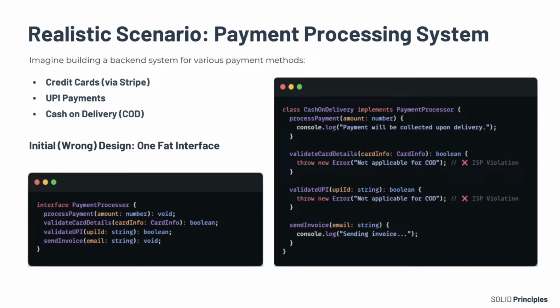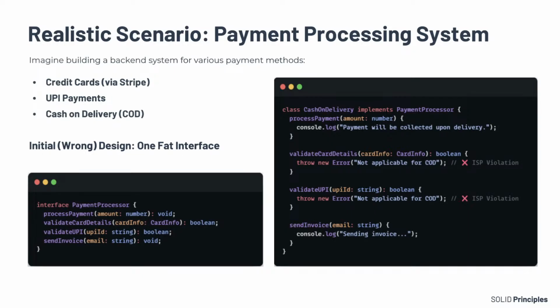So if we try to implement this interface in a class, for example, a cash on delivery class, cash on delivery will not use all four methods. For example, cash on delivery doesn't require validate card details, and it doesn't require validate UPI. But since we have implemented the interface, we are supposed to use all of the methods in some way.